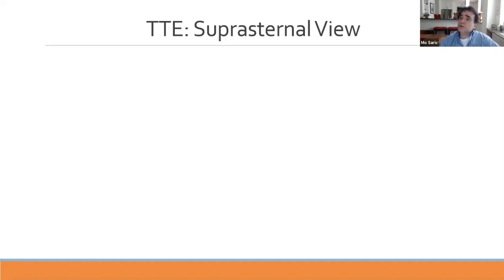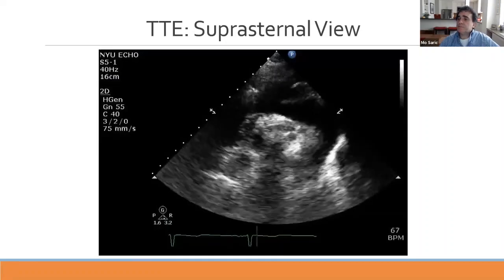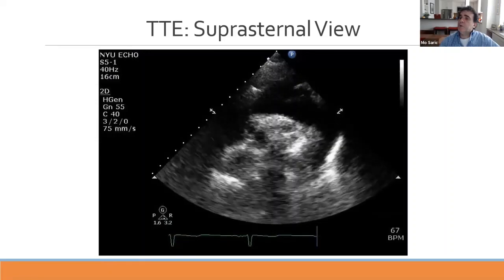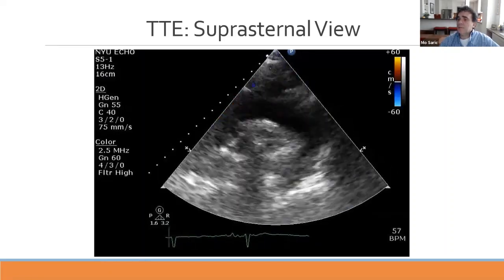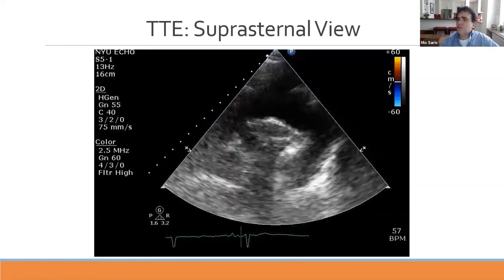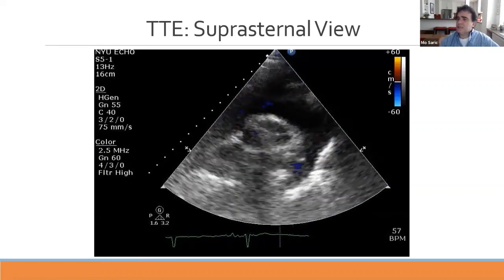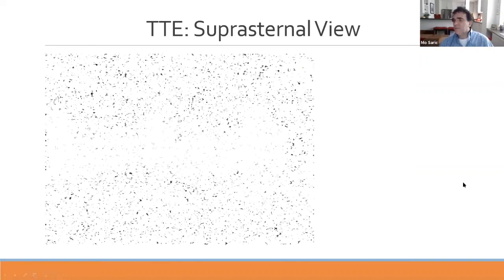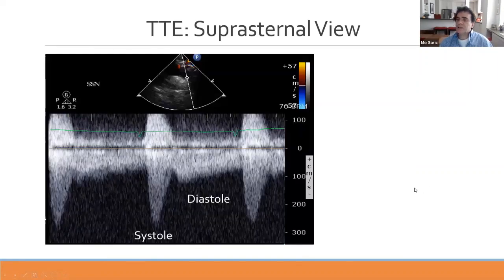I'll show you the suprasternal view of this patient. You see the aortic arch and a part of the descending thoracic aorta, and it's very difficult to see details of the aortic anatomy, whether there is a mass inside the arch or not. However, the spectral Doppler profile through this aorta is very unusual.